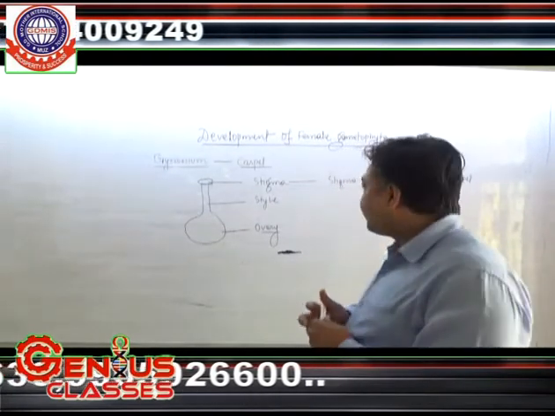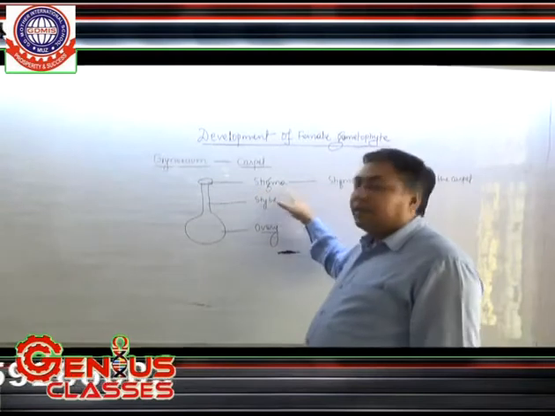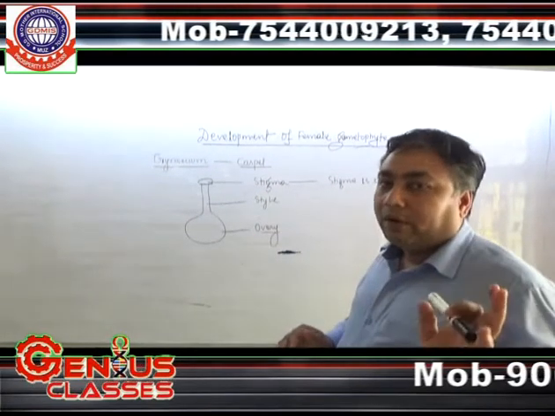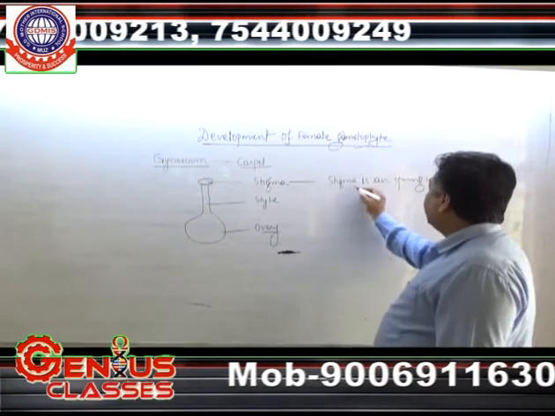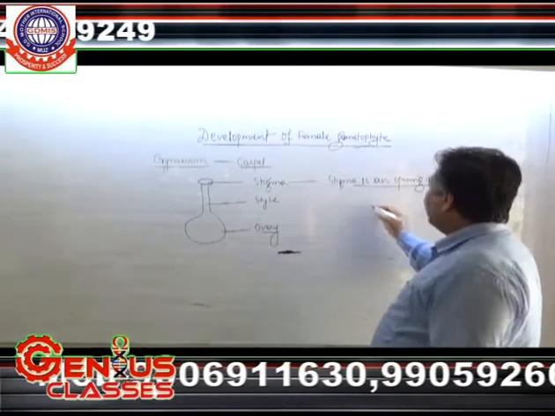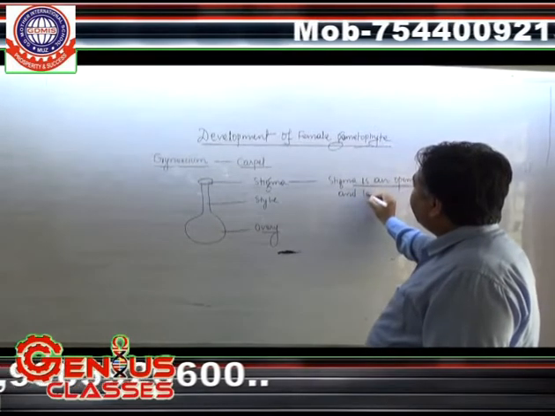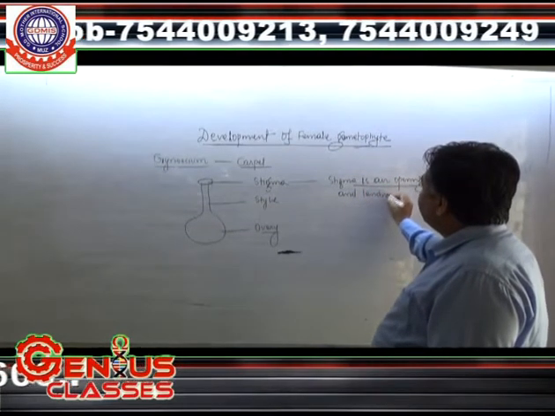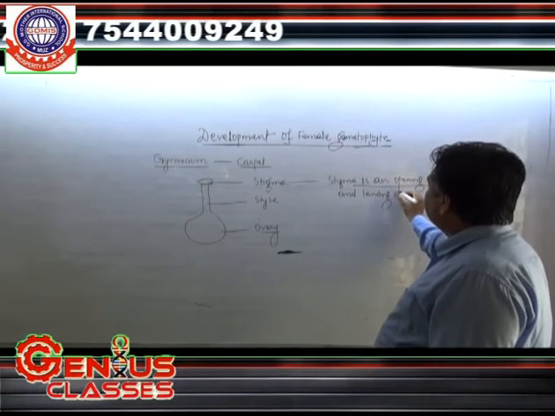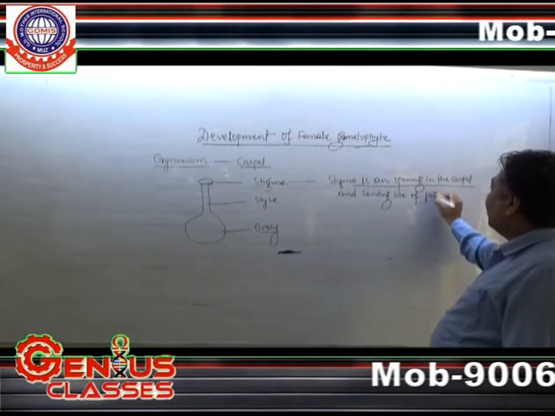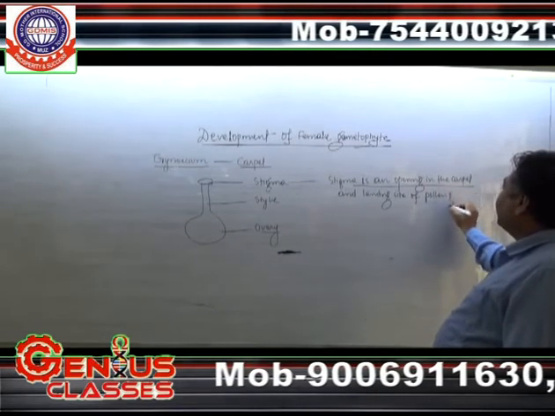Now, a stigma provides the landing site. The stigma is an opening in the carpel and the landing site of pollen grains.